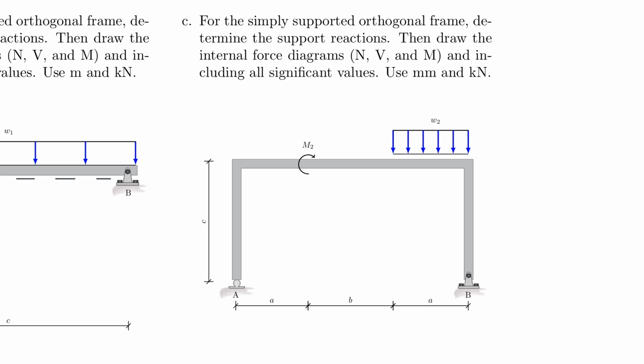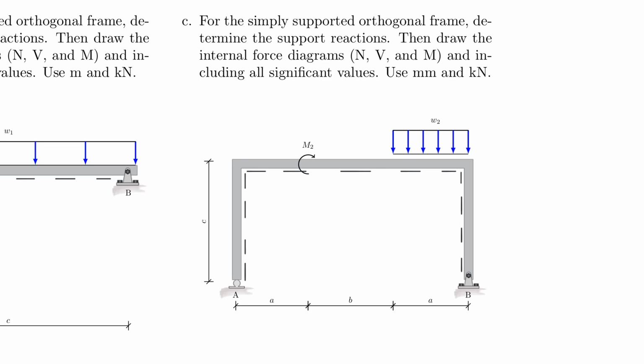Once again, I probably would put my reference fiber on the inside so that I can unify my findings, but it is really up to you where you put it. However, the internal forces are slightly different than they were before in a beam, but I think the lecture provides you all the knowledge you need to solve this problem.